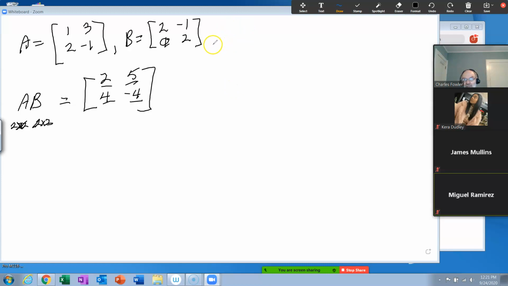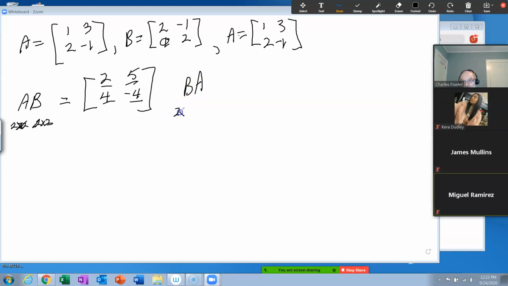Now we want to compare that with the product BA. So I'm going to repeat A so it'll be over here on the right side now. That was a 1, 3, 2, negative 1, same A, but now we're going to look at the product BA. Well, let's make sure we can even do that.